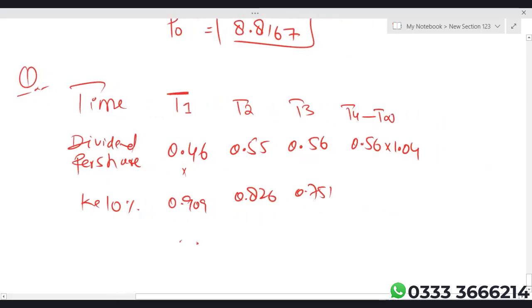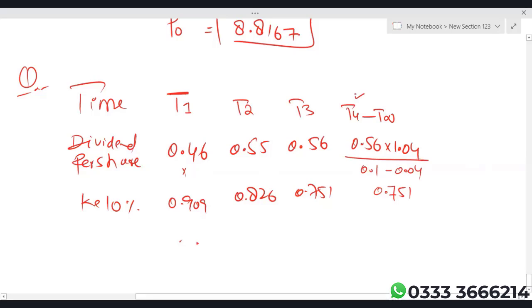Now look at this, please. K minus the growth rate, whatever comes, multiply by the previous year discount factor. If you need, let's say, the perpetuity factor from T4 onwards, you have to multiply this with the previous year discount factor. This is what you just need to know.